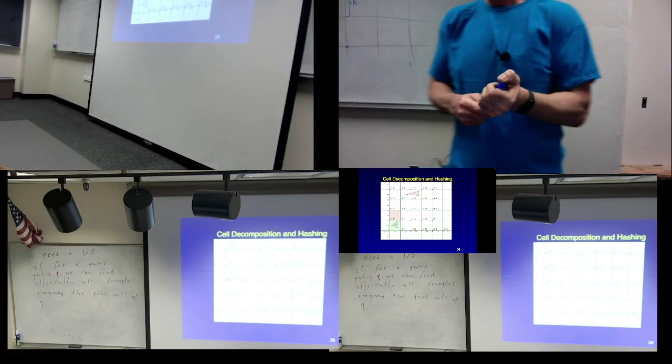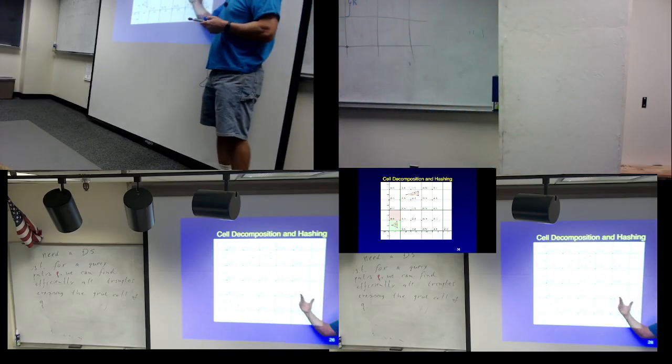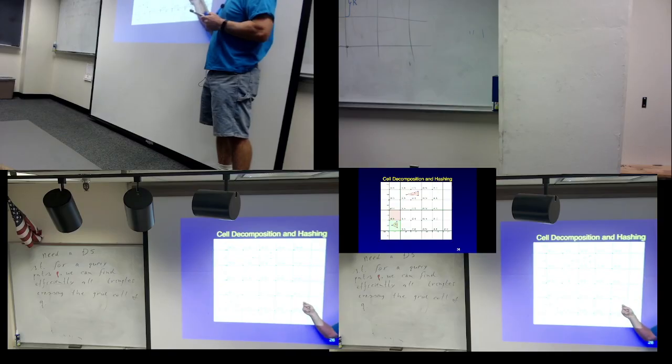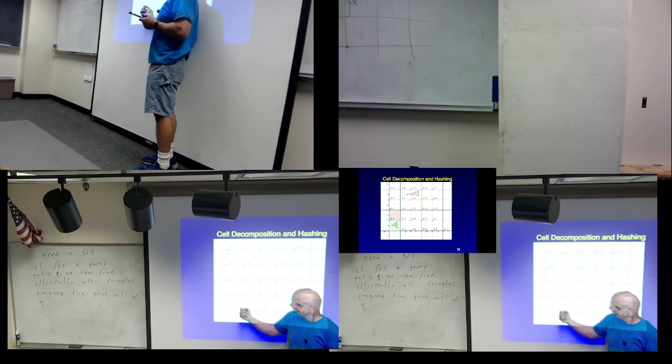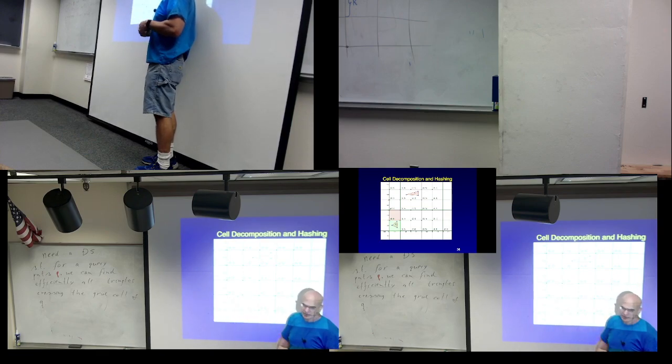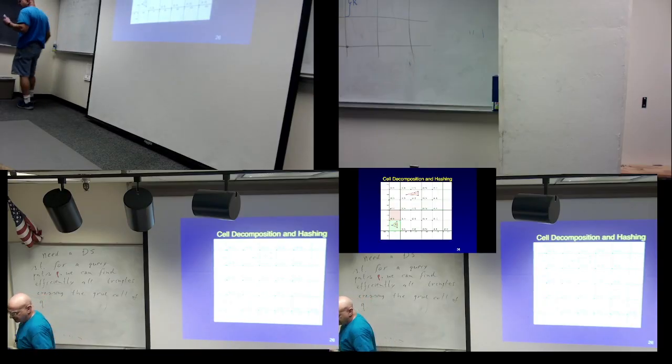So far it doesn't sound very tricky. Build an array that has an entry for each one of the cells, and every such cell stores exactly the objects, the triangles, that intersect this cell.